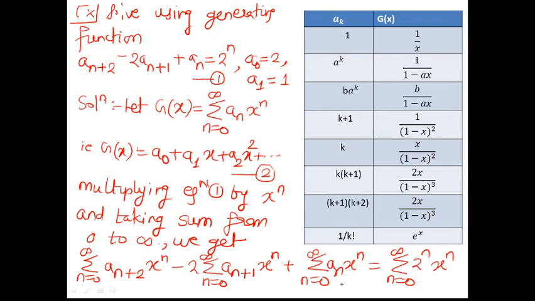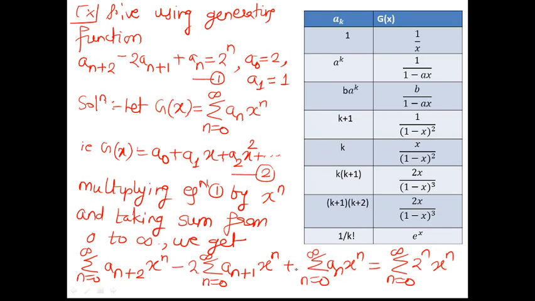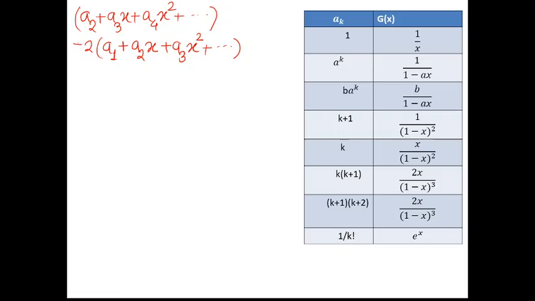Let's see this one. Here we have put n equal to 0, so we know that this is nothing but, as per notation, g of x. So we can replace this by g of x here. So this is plus g of x is equal to. Now, what about the right hand side?